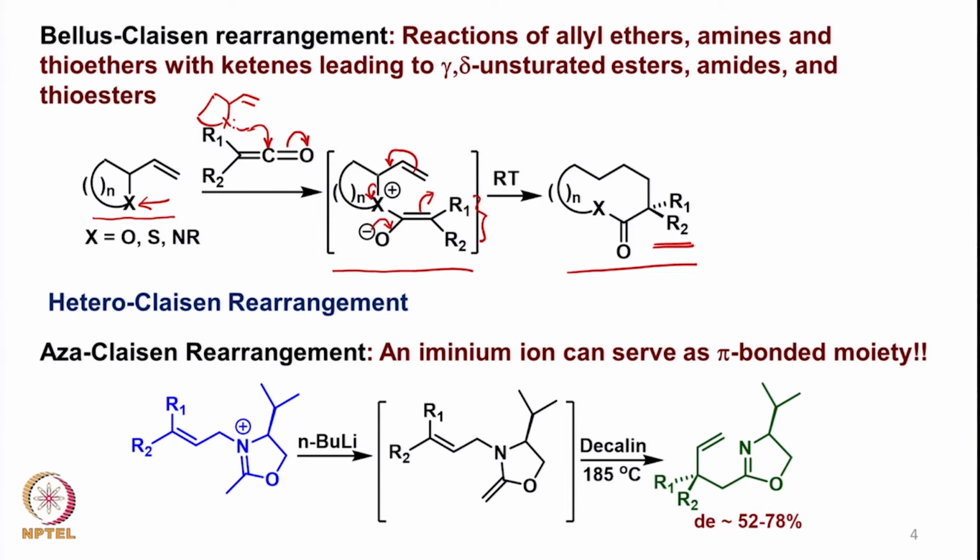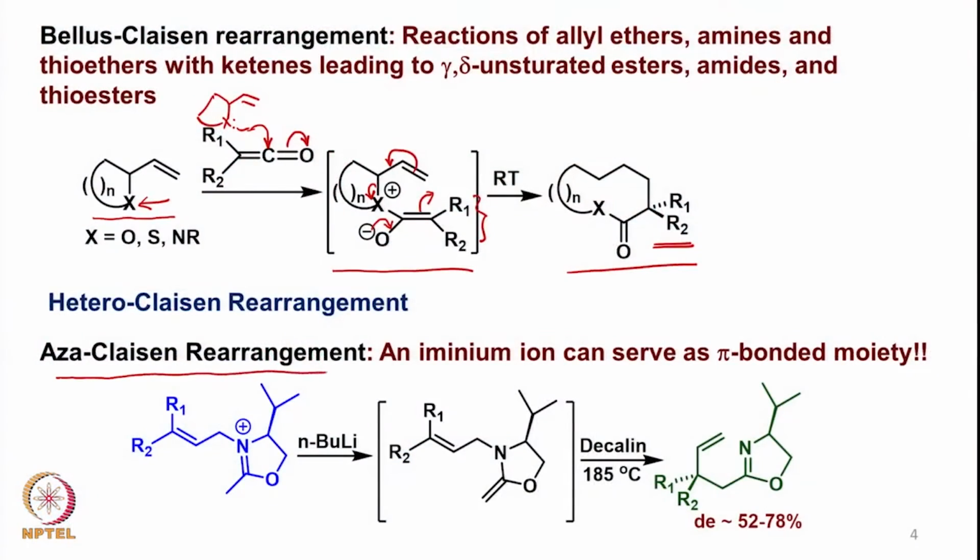At the same time, there is a driving force for cleaving the carbon-X bond, which is positively charged. So, the reaction does not require very high temperature, and it occurs at room temperature. So, this is a variation of the Claisen rearrangement, which is called the Bellus-Claisen rearrangement.